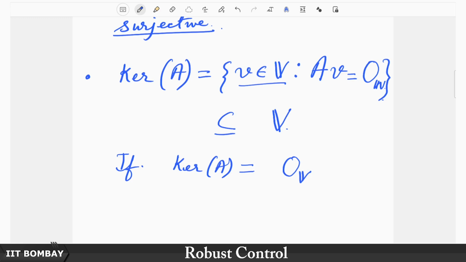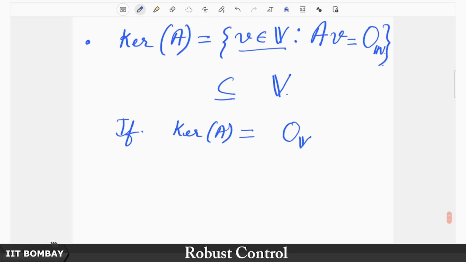Smallest means its dimension is 0, because you do not need any vectors to span it. So, its basis is the empty set. If its basis is the empty set, then the cardinality of that basis is 0. So, in that sense it is the smallest subspace in any vector space, the 0 subspace.